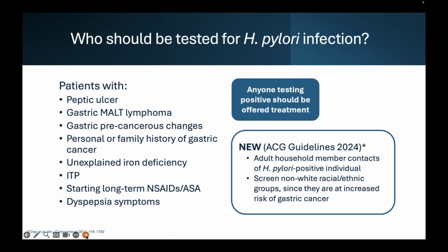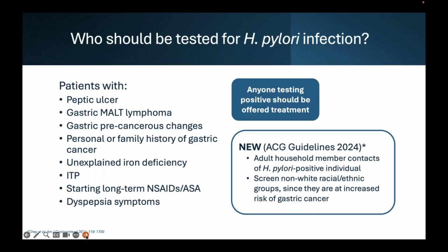There's also unexplained iron deficiency in patients with iron deficiency anemia after they've had testing, colonoscopy, and upper endoscopy. If no other cause can be found for their iron deficiency other than H. pylori, the H. pylori should be treated because H. pylori can interfere with iron absorption and can lead to iron deficiency.